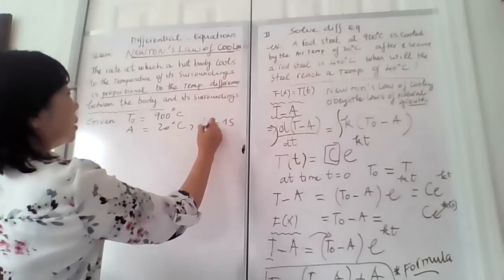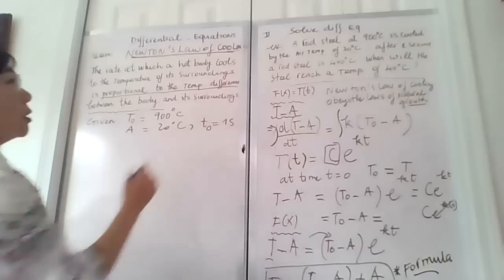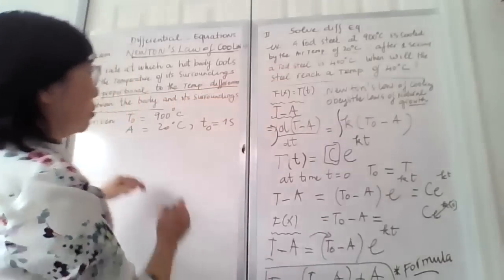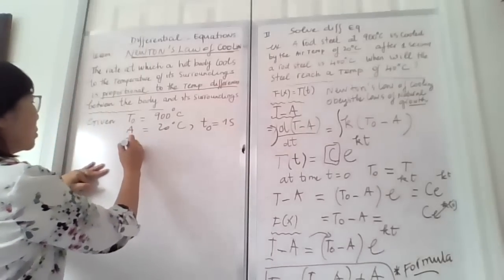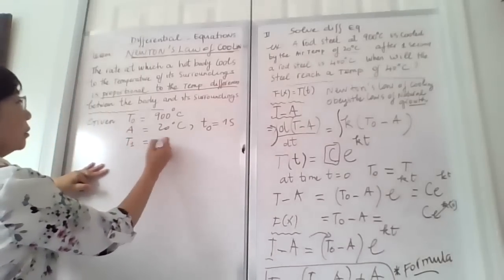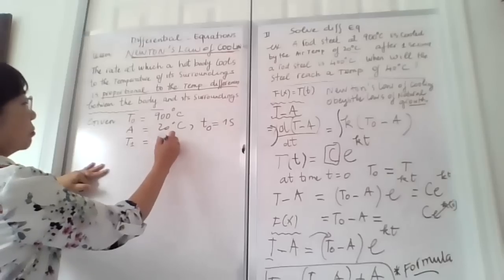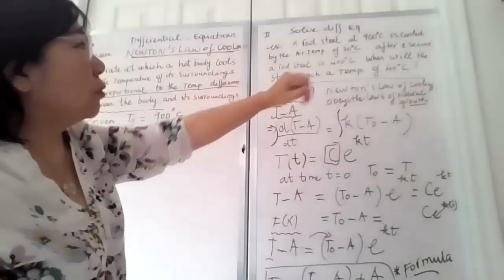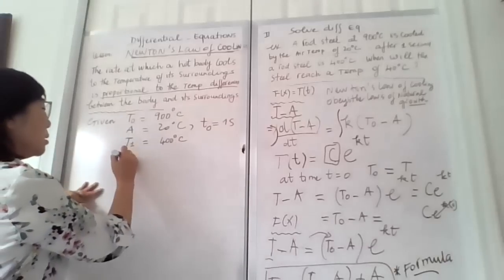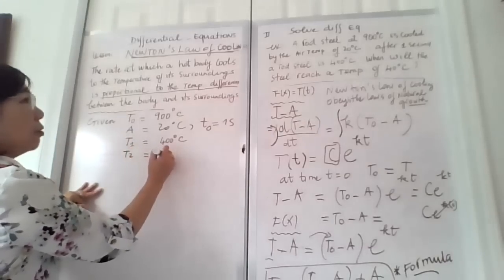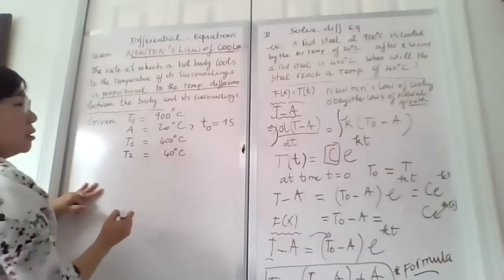After 1 second, the rod of steel is 400. So the final temperature T1 equals 400 Celsius. When will the steel reach a temperature of 40? So there is another final temperature, T2, equal to 40 degrees Celsius.